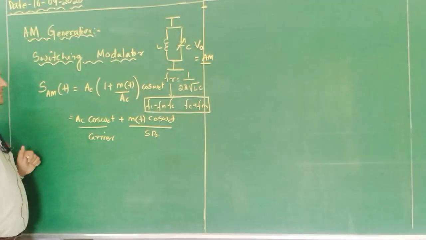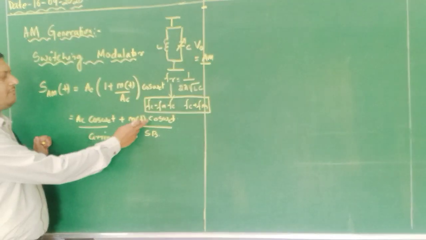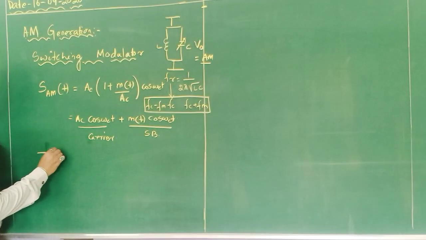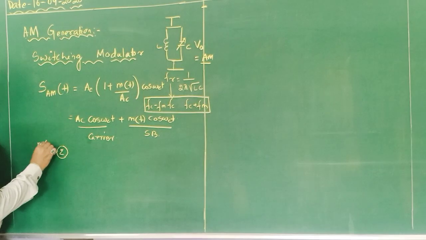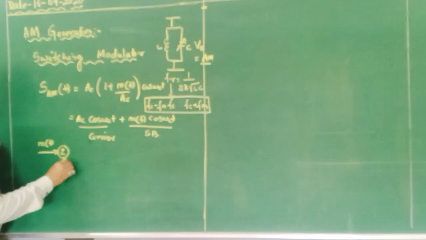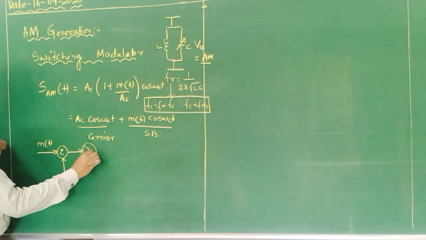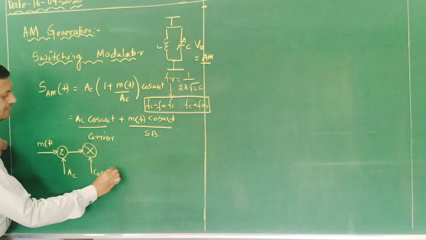Now in this case, Ac cos omega c t plus m of t cos omega c t. As I have drawn in the block diagram previously, first m of t is added with the amplitude of the carrier, and then it is mixed with the carrier frequency component.